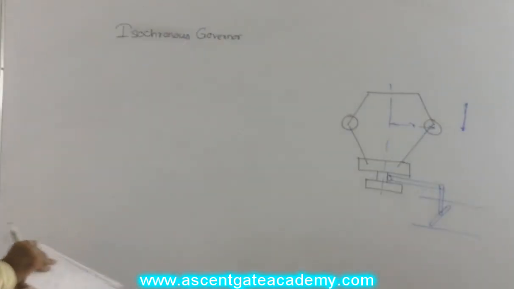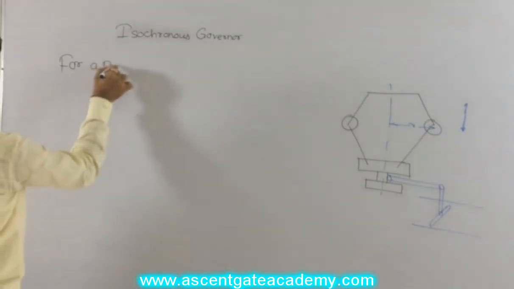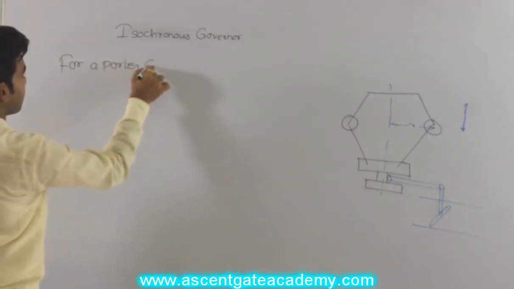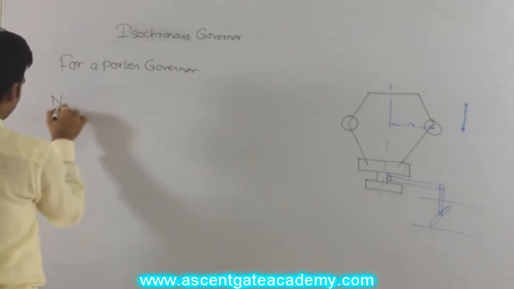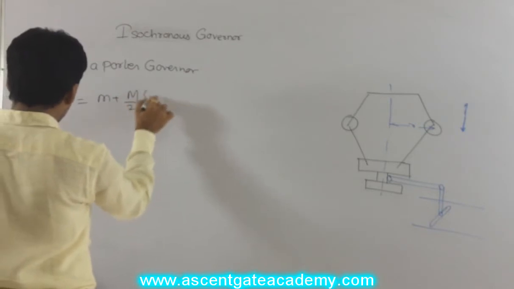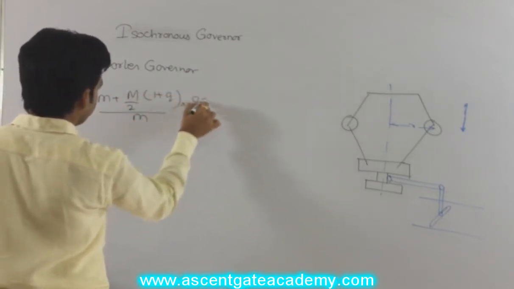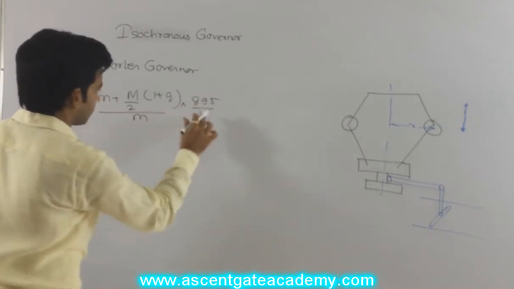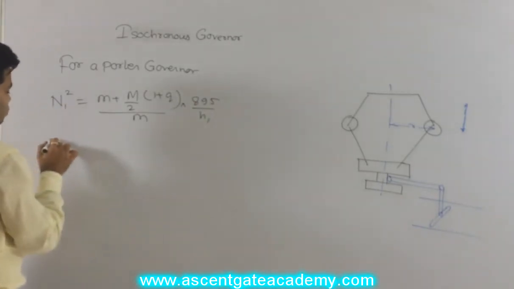Clear or not? Okay. Now for a Porter governor, we have seen the formula. N square is equal to (m plus M)/2 into (1 plus q/m) into 895/h. For two different speeds, n1 and n2, this will be n1 and h1.